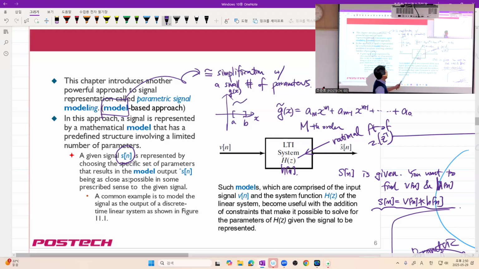I cannot remember. Anyway, so this is very straightforward, motivated by a theorem.